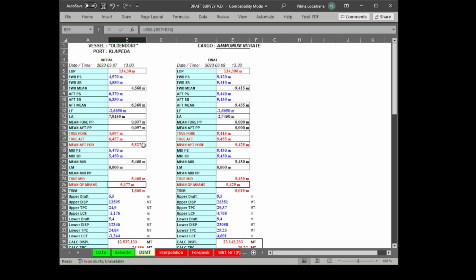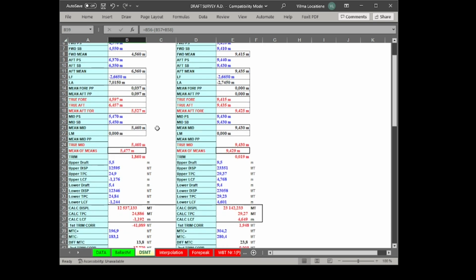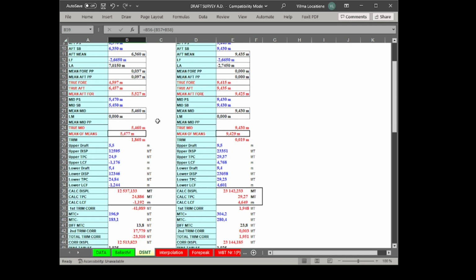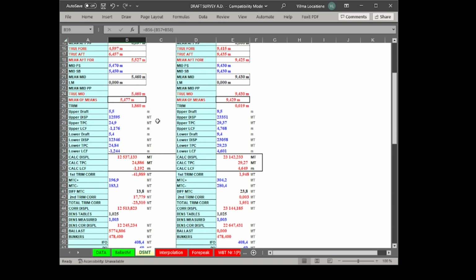Very important is the mean draft in the middle, because the displacement is always found according to the mean draft in the middle. Always it is very important to consider the quantities of two corrections.